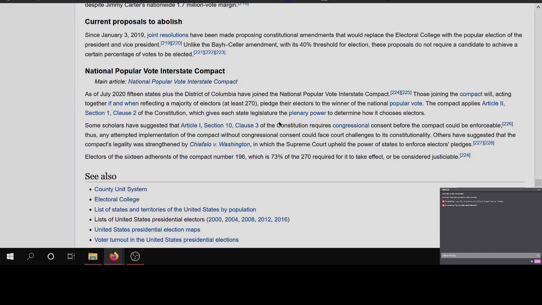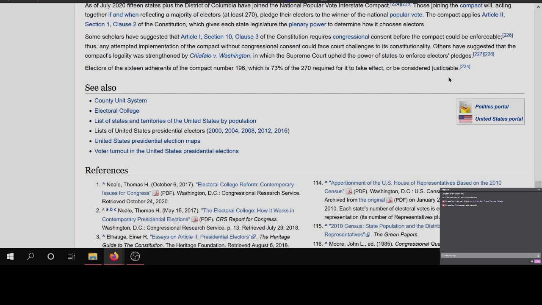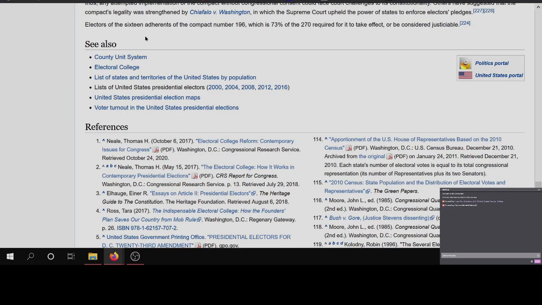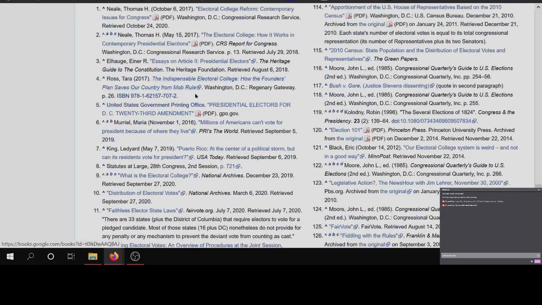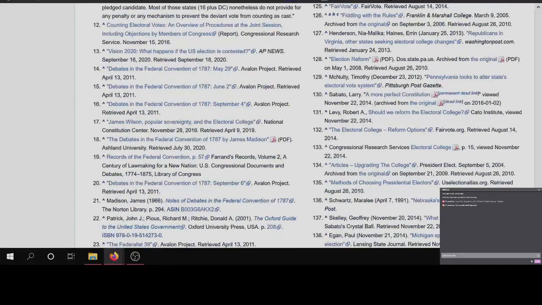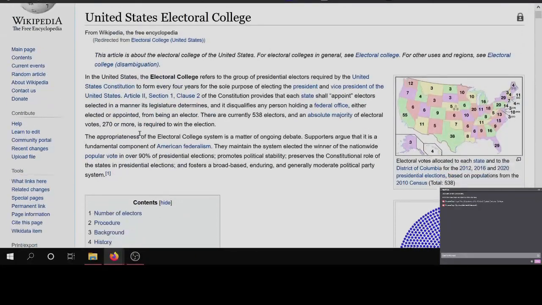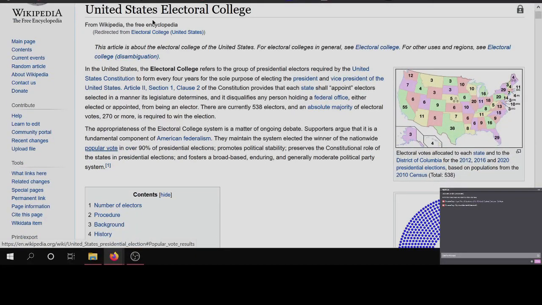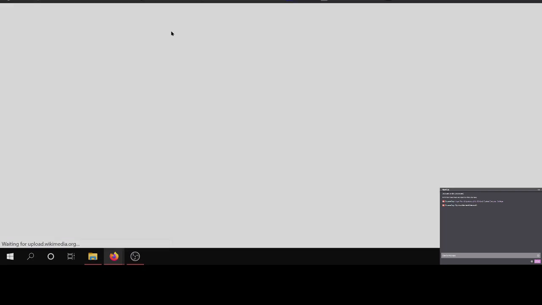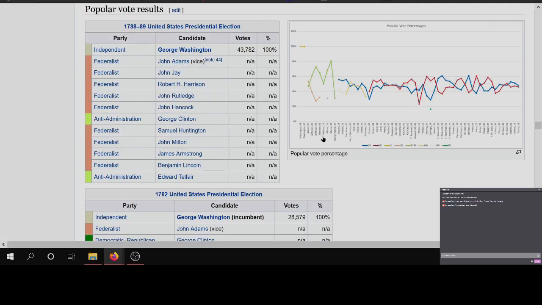But yeah, as stated, go back here. Under the National Popular Vote Interstate Compact, electors of the 16 adherents of the compact number 196, which is 73% of the 270 required to take effect. You have to see also ones under all these. You have the references. And as promised a long time ago, let's just scroll by here, the popular vote, so people just see what it leads to.